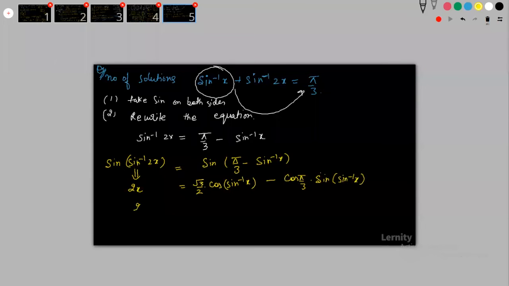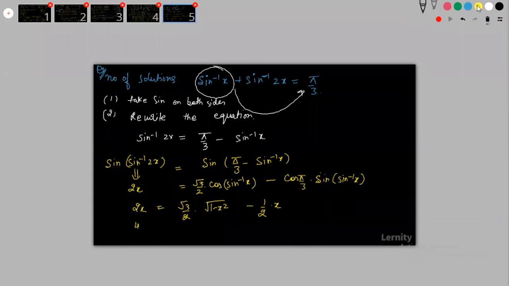So here I will get 2x. Here I am getting root 3 by 2 into root of 1 minus x square, because I will convert this into this. This is minus 1 by 2, and this is simply x. If I cross multiply by 2 everywhere, this will become 4x.